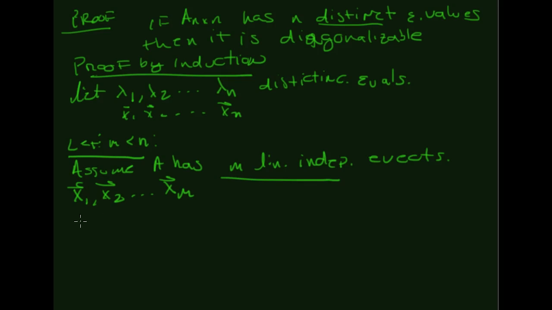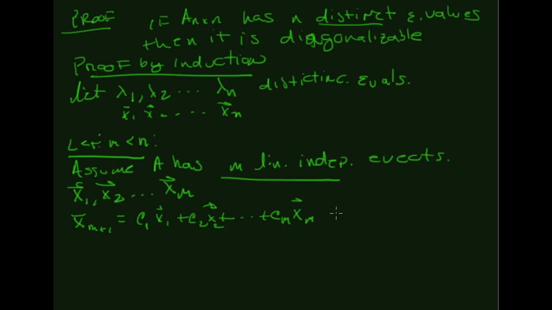So we're going to pick the next eigenvector, and we're going to let it be a linear combination of the others. So x(m+1) is going to be c1x1 plus c2x2 out to cmxm. Okay, so it's a linear combination of all the others.